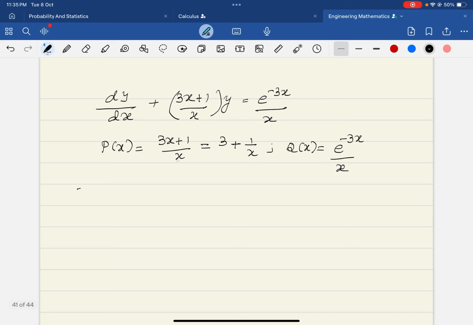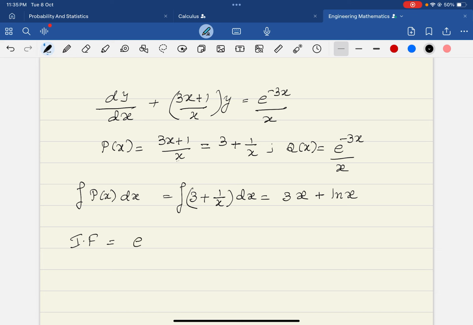Now our job is to find the integral of p of x dx. The integral of p of x is the integral of (3 plus 1 over x) dx. So 3 times the integral of dx is 3x, and the integral of 1 over x is ln x. So this is your integral of p dx. Now what is the integrating factor? It is e raised to the integral of p of x dx, and that gives you e raised to 3x plus ln x.